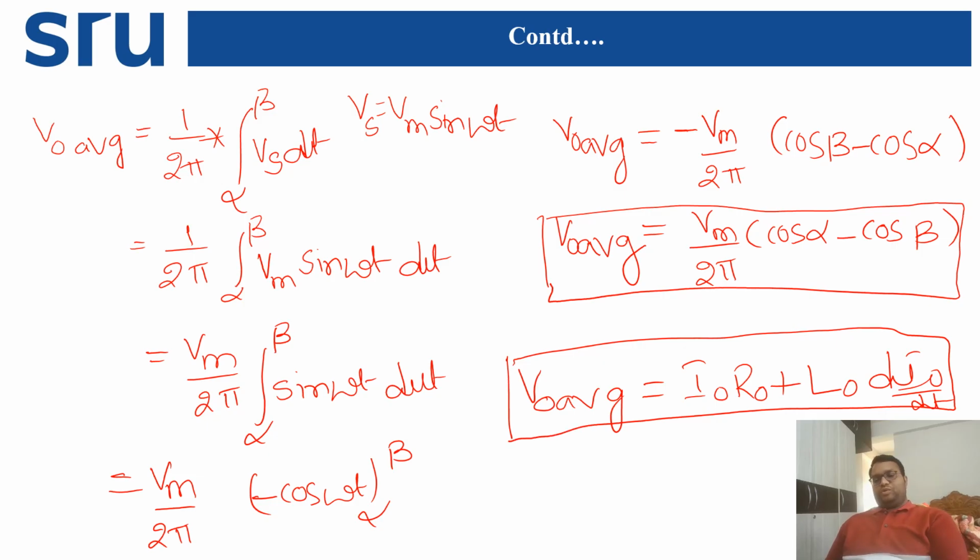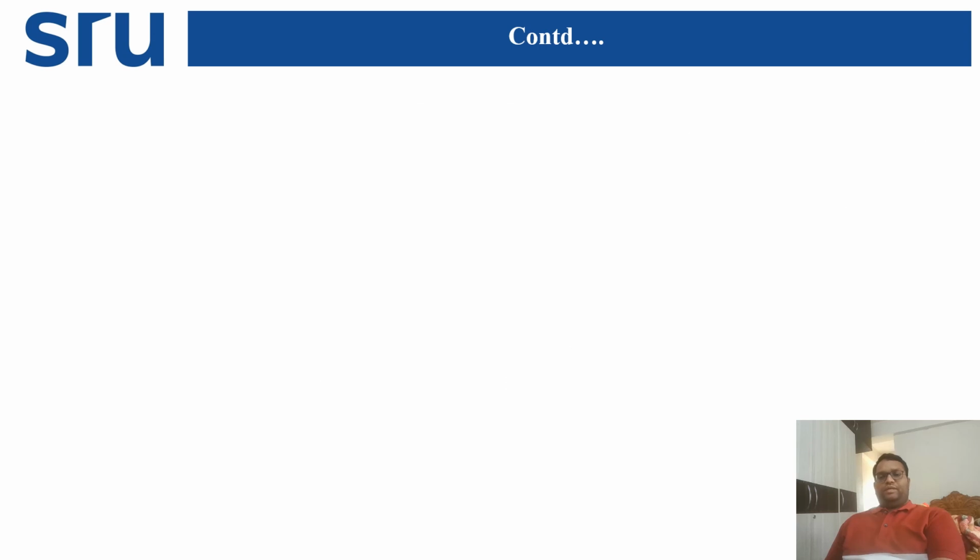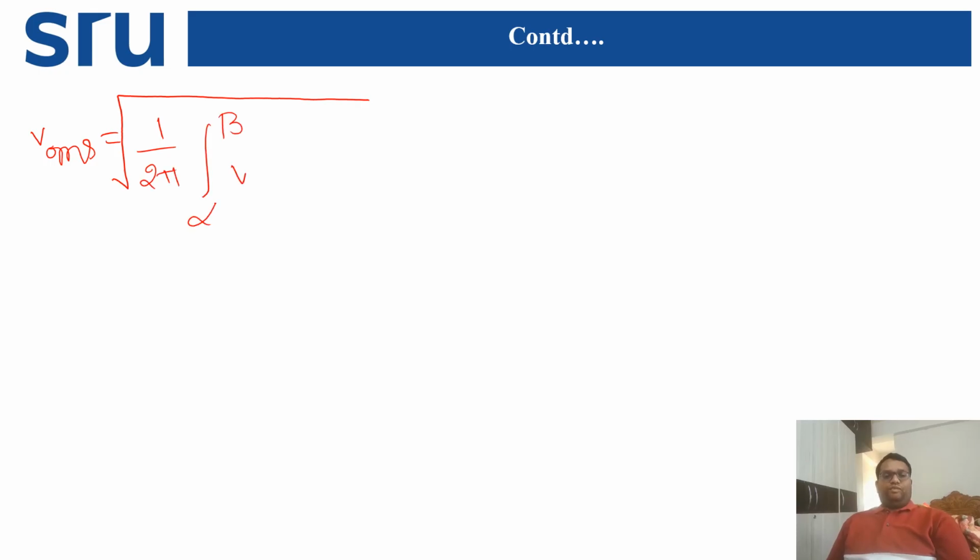Now the derivation of the V naught RMS will follow the way we discussed previously. V naught RMS, the root mean square value, is equal to the square root of 1 by 2 pi integration alpha to beta of Vm sin omega t d omega t. Take Vm as common.